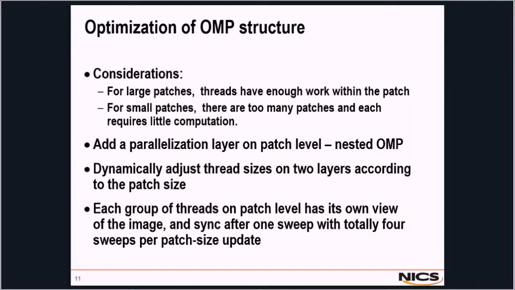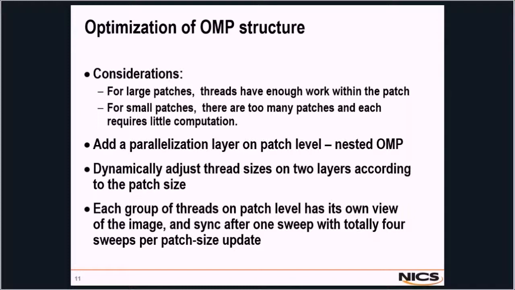So one way to improve the parallelism is to add another parallelization layer on the patch level, basically across the patch, not just within the patch. We use a nested OpenMP structure, and because of the workload distribution for small and large patch sizes, we need to dynamically adjust the thread size on 2 layers according to the current patch size.